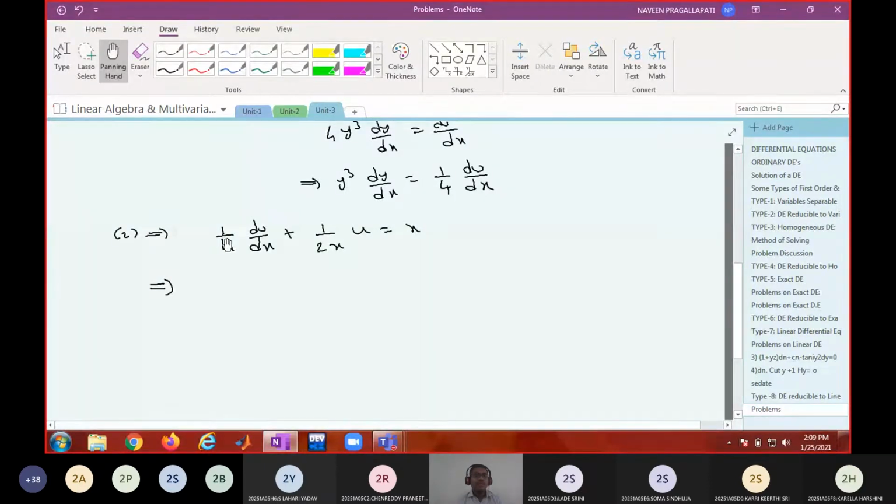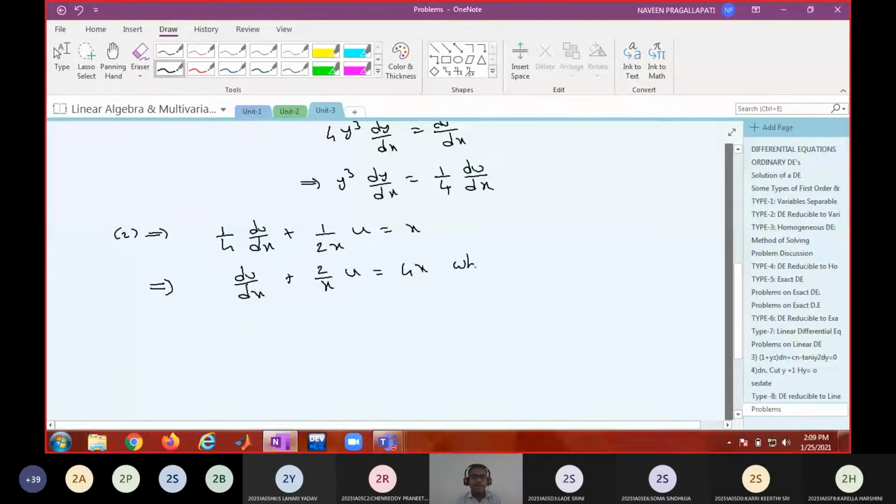Standard form means the du/dx coefficient must be 1. So I have to multiply both sides with 4. So du/dx + (2/x) u = 4x.